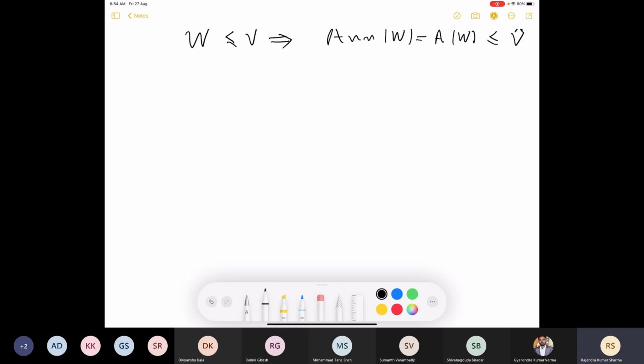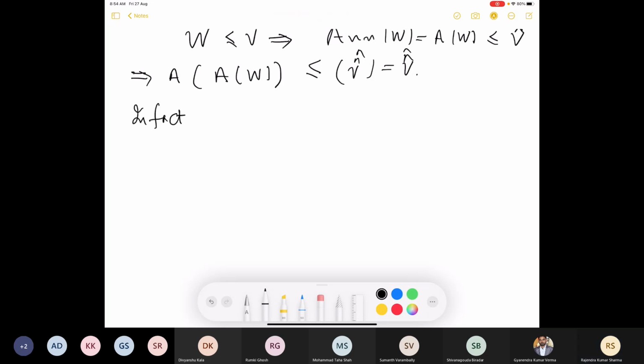Now V hat is a vector space, so once again you can take the annihilator. The annihilator of W is a subspace of V hat, and in fact, what you can see is that W is isomorphic to the annihilator of the annihilator of W.